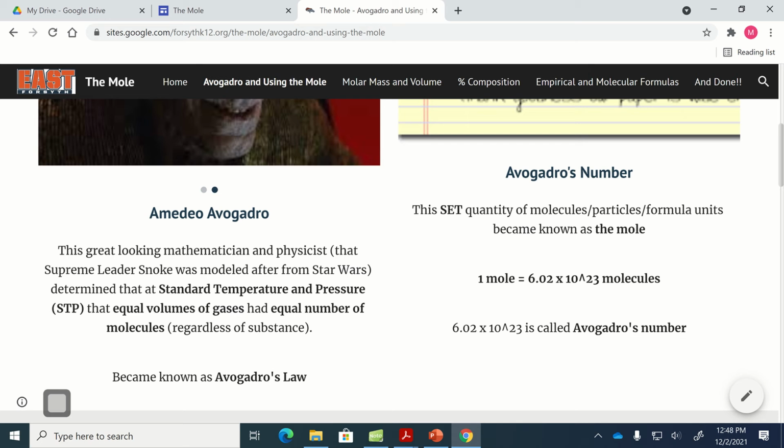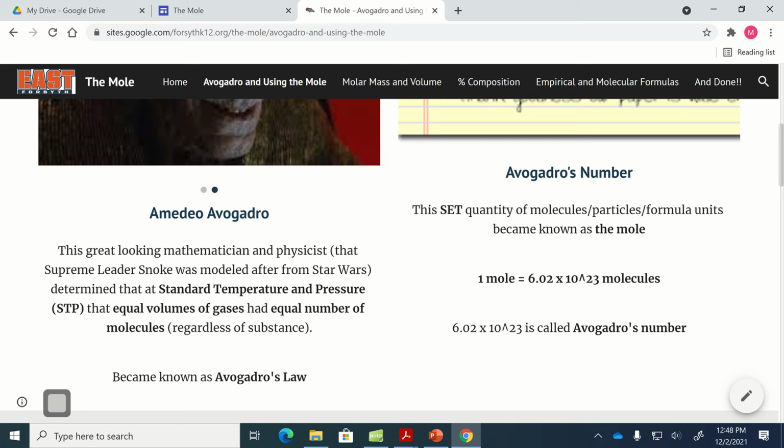And I'm sure that was very surprising because he has carbon dioxide gas, oxygen gas, nitrogen gas, all these different types of gases. If he had them at the standard temperature and pressure, it turned out there were the exact same number of molecules of each type.